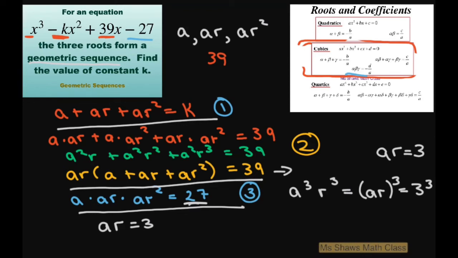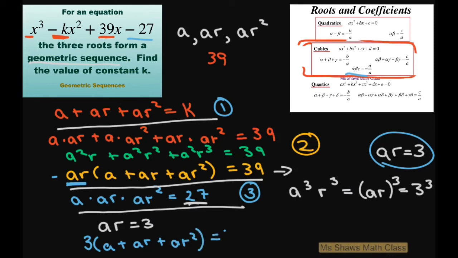All right, so now by equation 2, I can substitute in my ar. My ar is 3, so equation 2 becomes 3 times (a plus ar plus ar squared) equals 39.